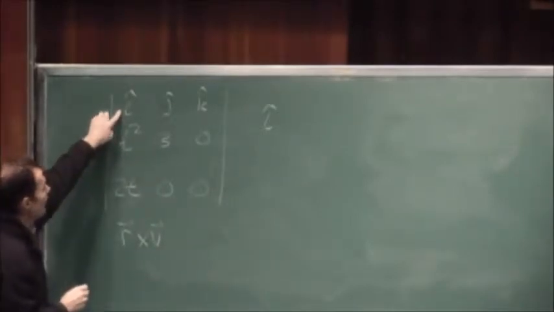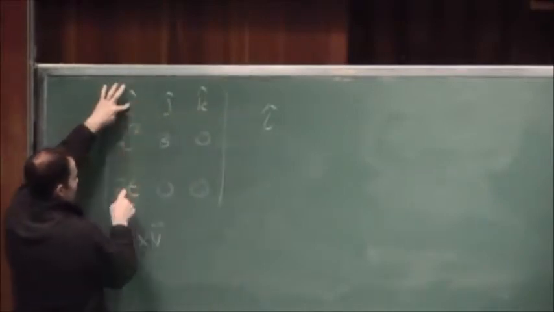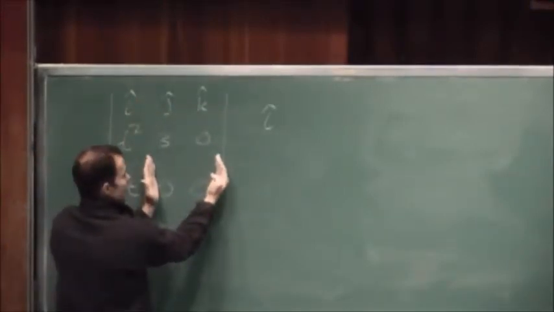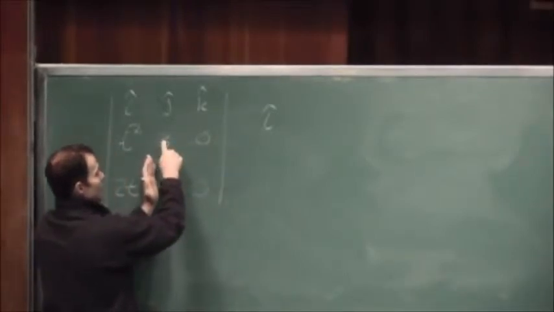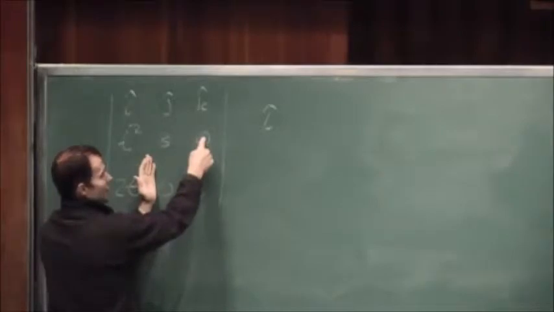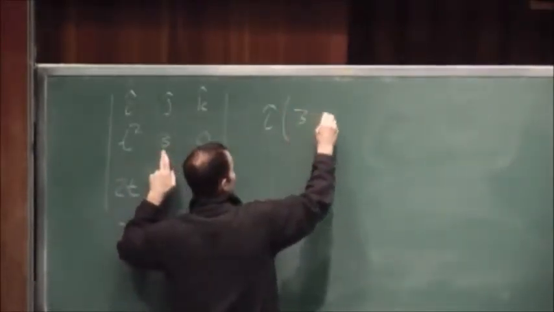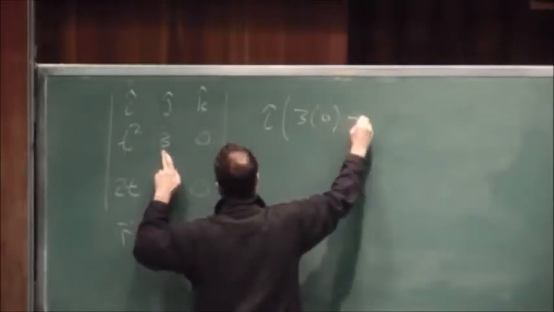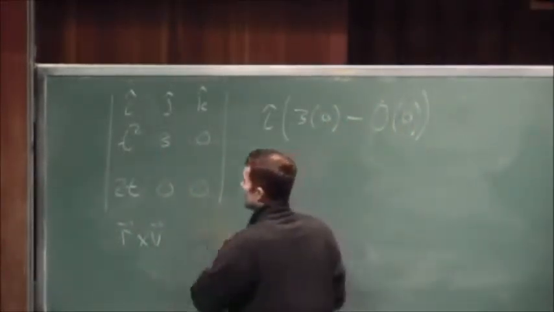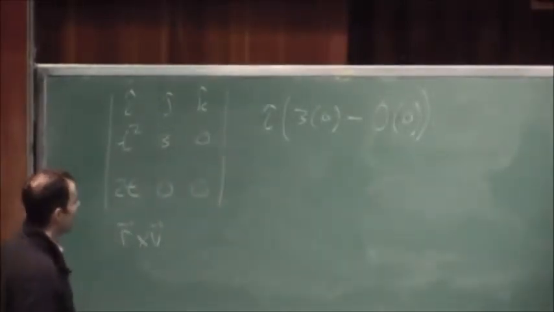And then I get rid of that row and that column, and I simply look at what's happening here: this term times this term minus this term times this term. So I get 3 times 0 minus 0 times 0. Now that's fairly obvious that that's 0.